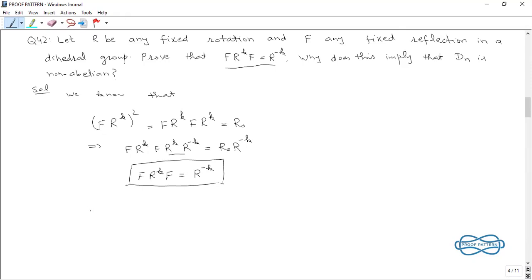So this is what we want to show. Now the remaining part is: why does this imply that Dn is non-abelian? This is remaining. Okay, we assume on the contrary, or suppose, that Dn is abelian for n greater than or equal to 3.